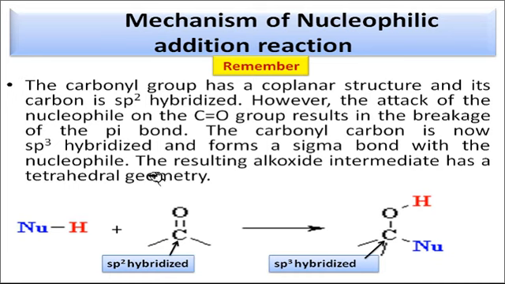When this nucleophile attacks the carbon atom, this results in the breakage of the pi bond. The carbonyl carbon is now sp3 hybridized. So this type of reaction results in the conversion of the sp2 hybridized carbon atom to the sp3 hybridized carbon atom.